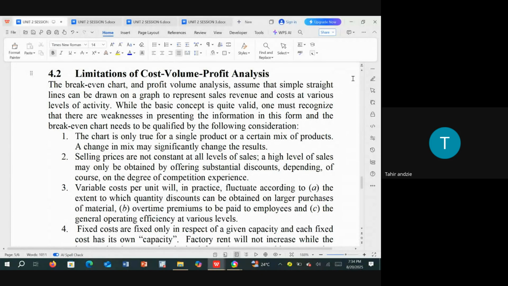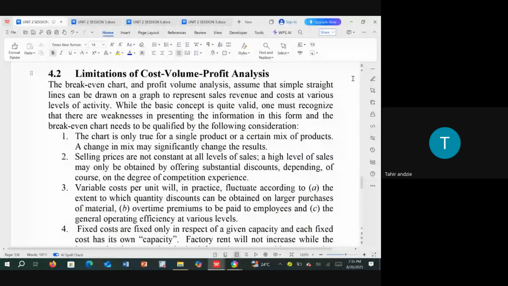Also, selling prices are not constant at all levels of sales, and a high level of sales may only be obtained by offering substantial discounts, depending on the cost or on the degree of competition. So selling price cannot be constant.